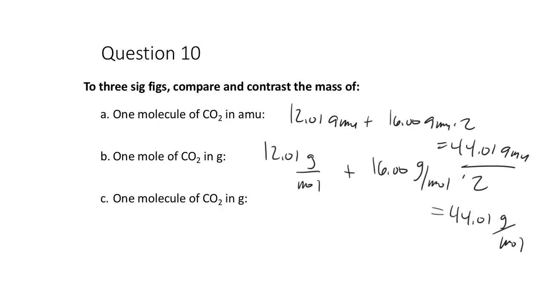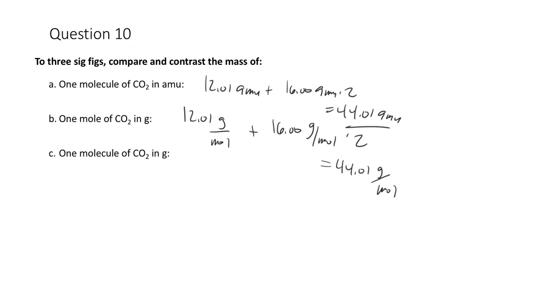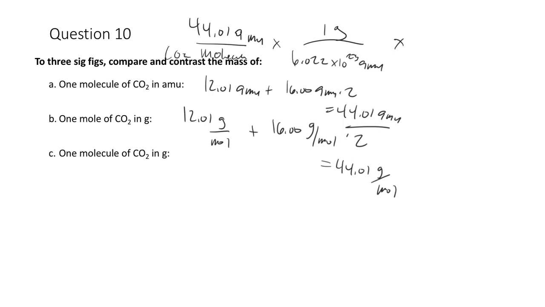So the mass of the molecule in AMU is equal in number to the numerical value of the grams per mole. Now another way we can think through some of the arithmetic here would be if we want to go from AMU, let me do this up here. So if we're going from 44.01 AMU and converting to grams per mole, well, we mentioned this conversion factor before, but there's 6.022 times 10 to the 23 AMU in a gram. There's an Avogadro's number of AMU in a gram. And then this is the mass of 1 single molecule of CO2.